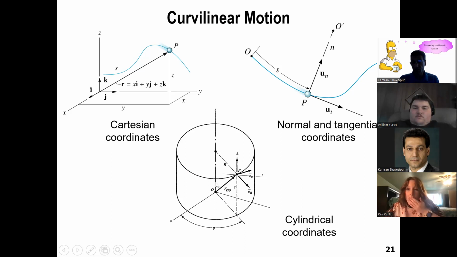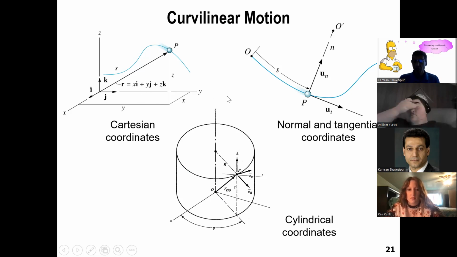I think you guys are familiar with Cartesian, obviously XYZ, and cylindrical from your math courses, right? Normal tangential is not something we use in math because it's more meaningful for dynamics. And as we move forward, you'll see how this would help us to understand the motion. Okay, so from here, we're going to talk about curvilinear motion.